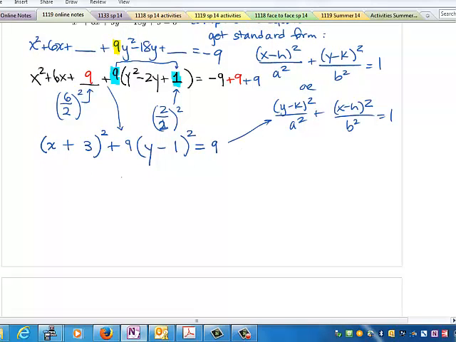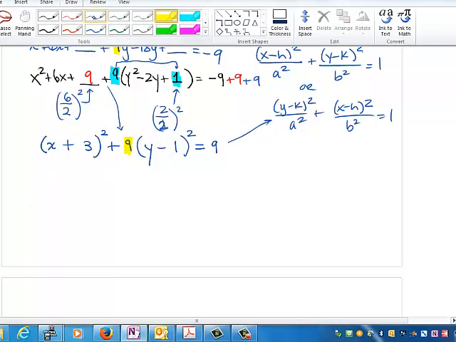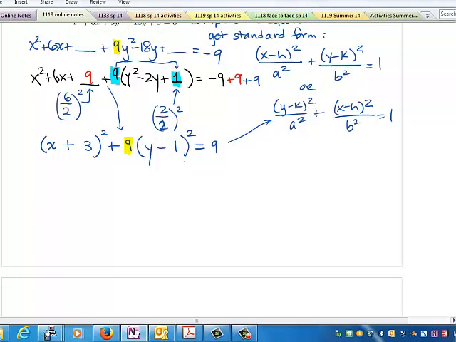And then if you compare what we're trying to get to for our standard form, we don't want any coefficient here other than 1 in the numerator. So I want to divide both sides by 9, which is also going to give me a 1 on that other side. So really we're more concerned about getting a 1 over here, but that's also going to take care of the 9 right here. So divide both sides by 9.